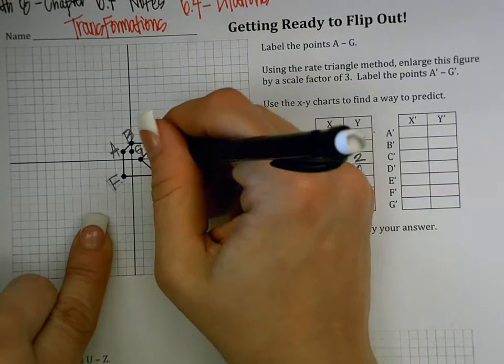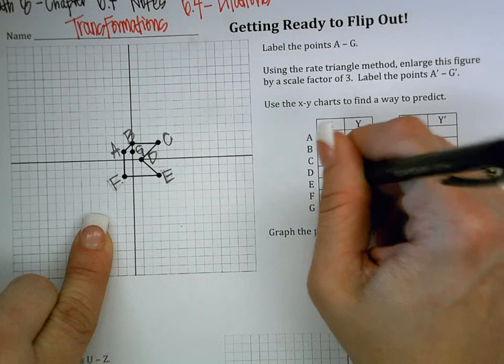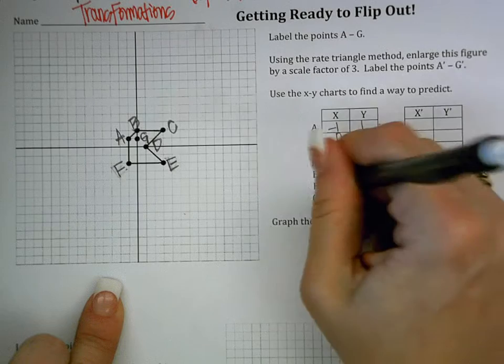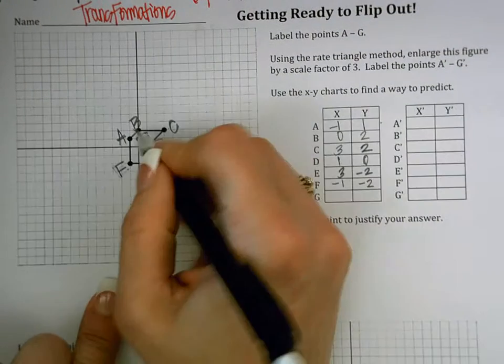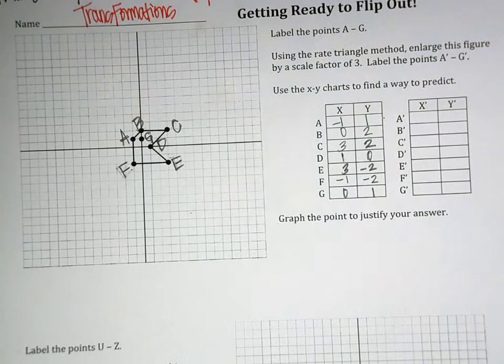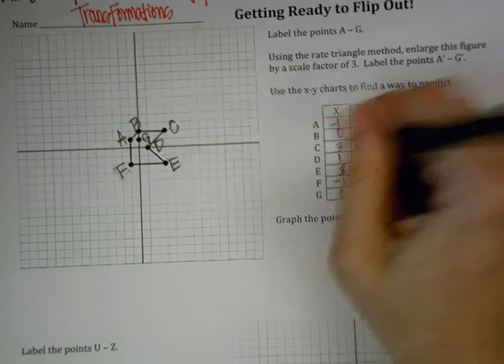E is going to be over 3, down 2, so 3, -2. F is left 1, down 2, so -1, -2. And G is over 0, up 1. So first thing we want to do is label those points, and then actually identify what the points are.